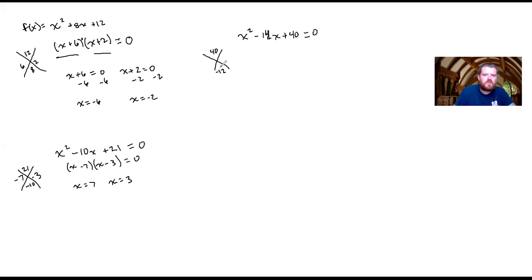Let's change that to a minus 14. Therefore, this is going to be negative 10 and negative 4. Write it in factored form or intercept form, x minus 10 times x minus 4 equals 0. Therefore, the answers are 10 and 4.